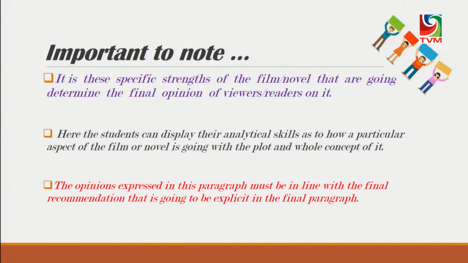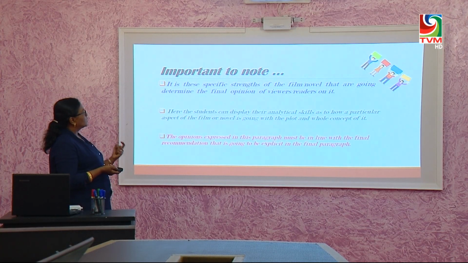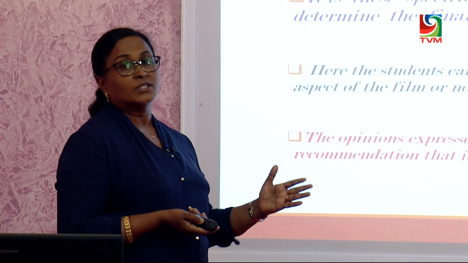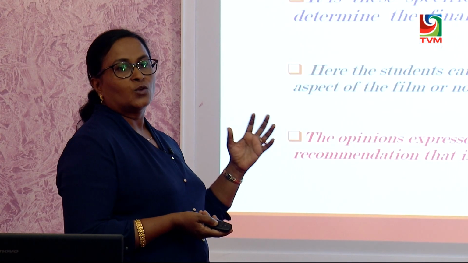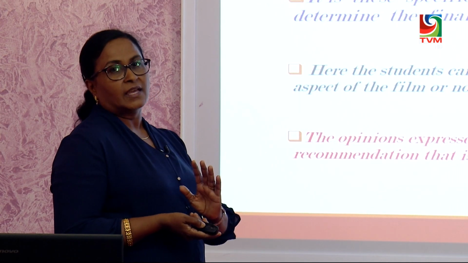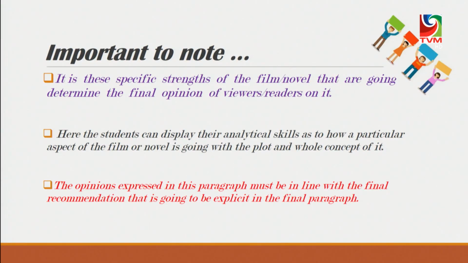So, when you are writing the third paragraph, you have to keep these things in mind. You will be talking about the specific strength in that film, whether that movie was really good. It is not that you always have to write the positive, you can always write the negative as well. Then you can talk about your analytical skill, where you can express yourself very well.